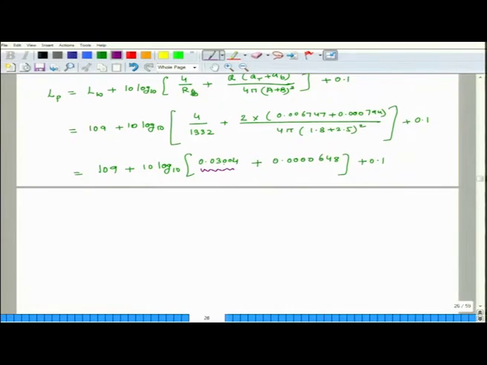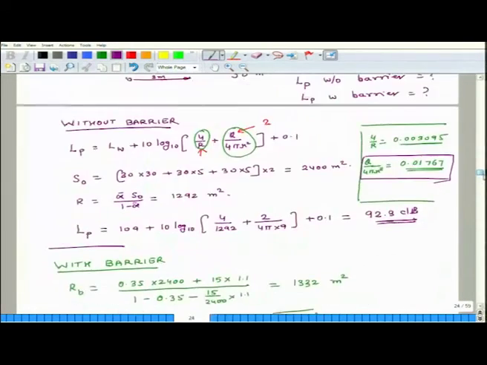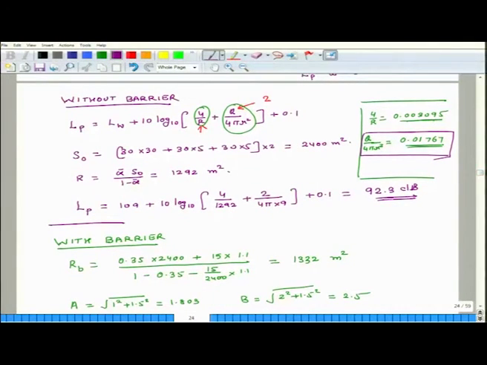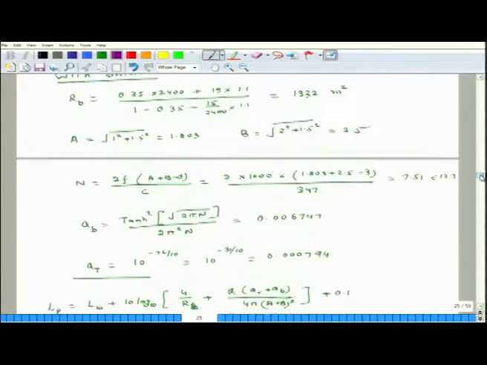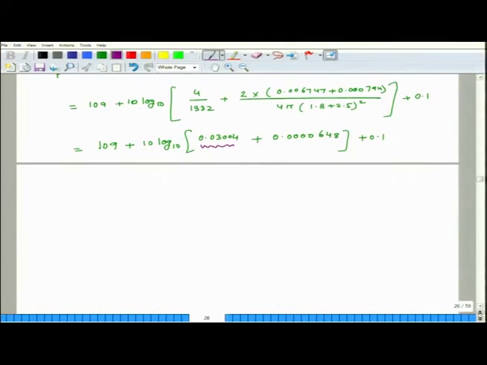It was 0.03004 and it is now 0.003095. So, not a whole lot of difference between these two. Okay. So, once again we are seeing that the barriers do a good job in reducing the direct sound field, but not such a great job in reducing the reverberant sound field. So finally LP is 84 decibels.